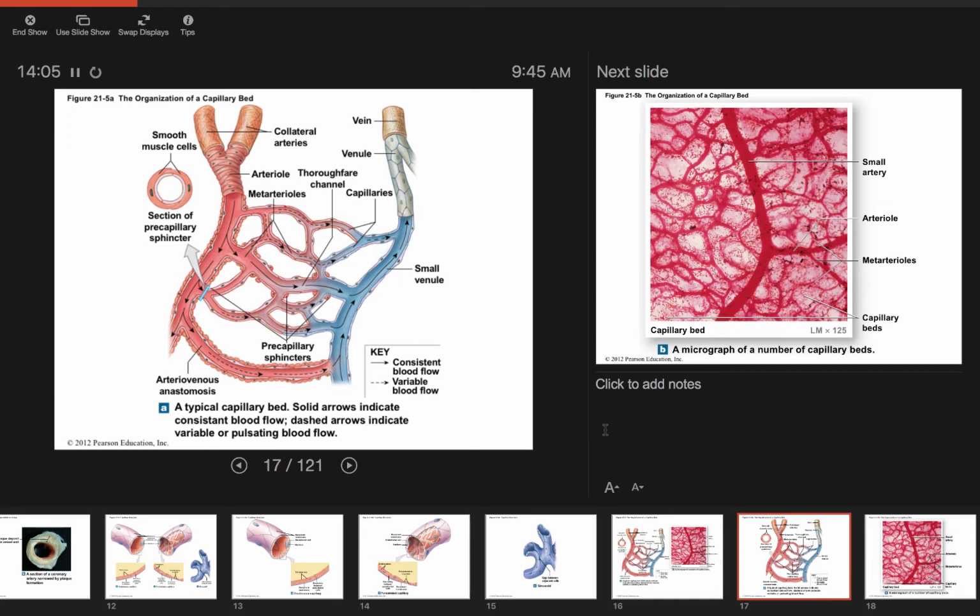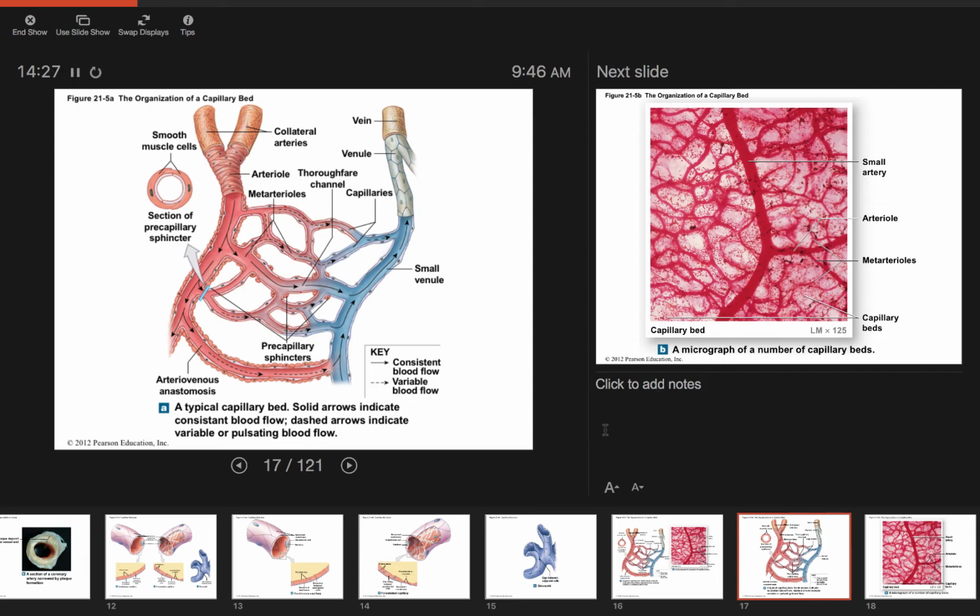And as more oxygen does that, the blood starts to become the bluish color, and then it'll converge into a vein, right? So that's just showing you a capillary bed and how the capillaries are going to merge together to become a vein.